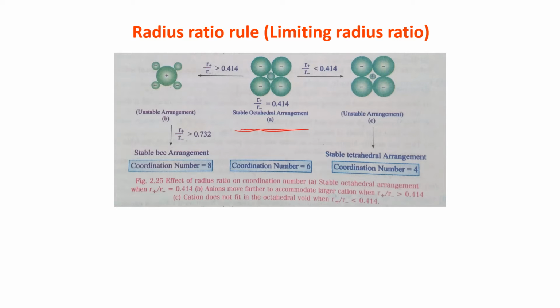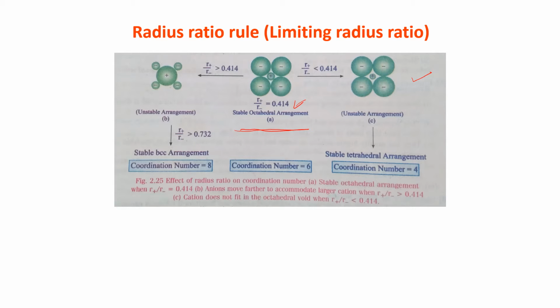This is the exact fit, the cation sits in between the anions. There are 6 atoms. Now if R plus by R minus is less than 0.414, it becomes an unstable arrangement. See this one, the anions are a little far away from the cation. There is a gap in between.